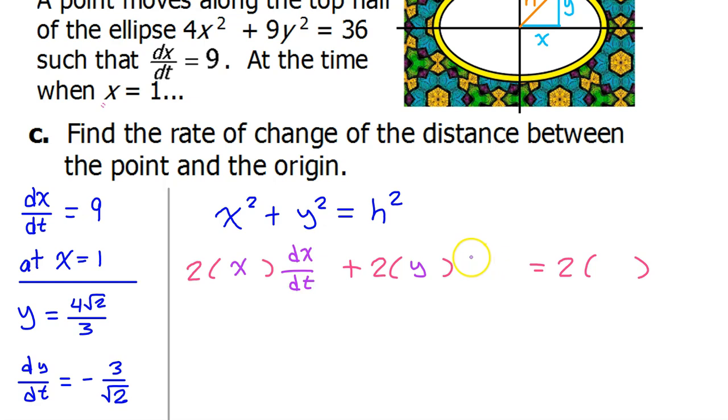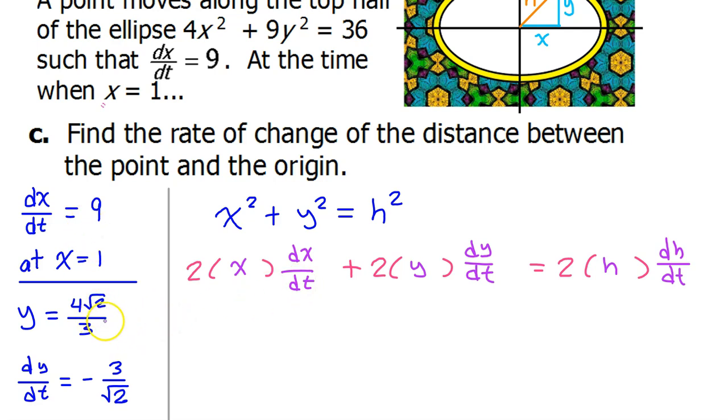The inner function is y, so times dy dt. The inner function was h, so times dh dt. Please don't forget your chain rule. Even the x, the derivative of this x is not 1, it is dx dt.